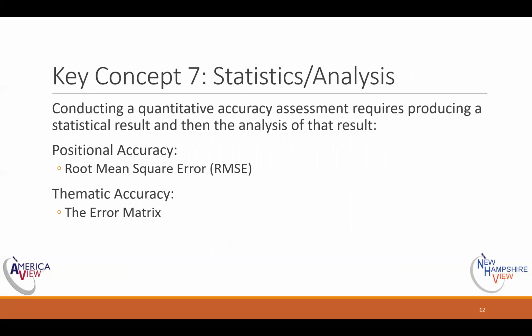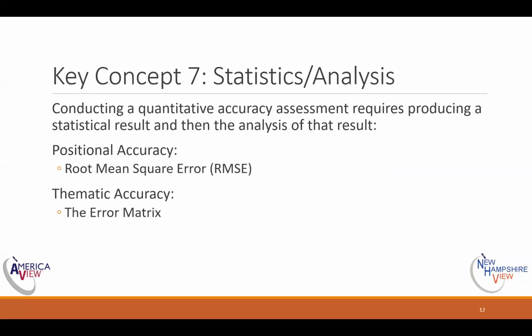Okay. All right, on to the statistical analysis that you might do. We're going to conduct some kind of statistics based on the reference data and a comparison with the map, whether that's positional or thematic. When we're going to do any kind of quantitative assessment, it requires having some kind of statistical result.